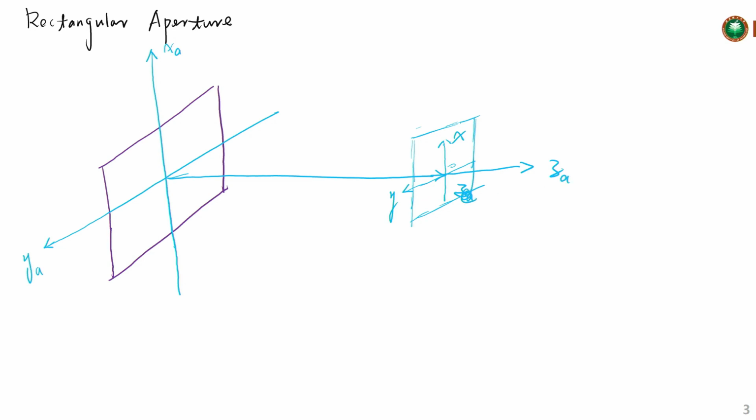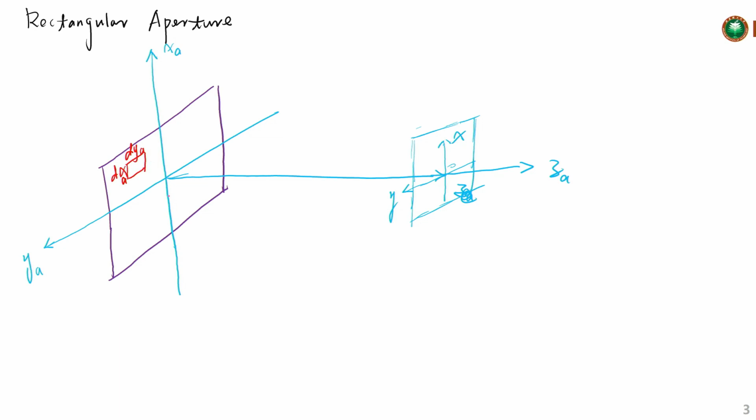So now if we have a position xa and ya, an area element has length dya on this side and dxa here, at position xa and ya.